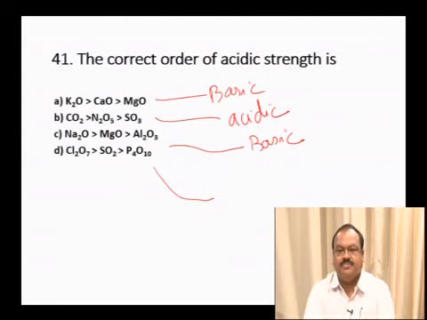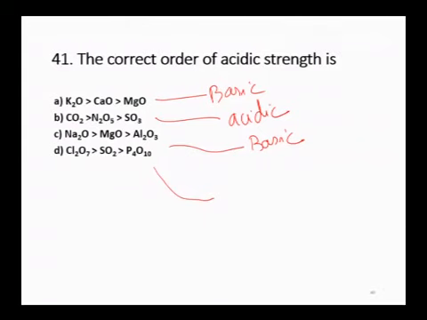Cl2O7, sulfur dioxide, P2O5, phosphorus pentoxide, which is a dimer.